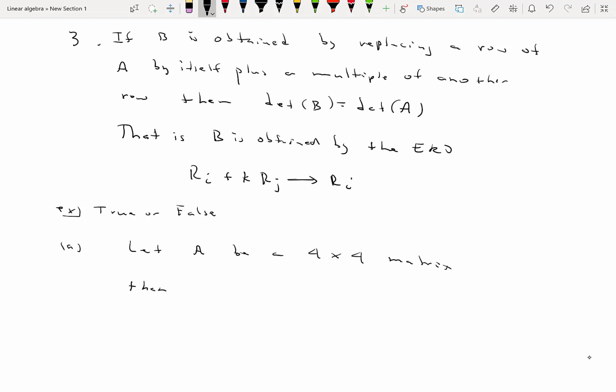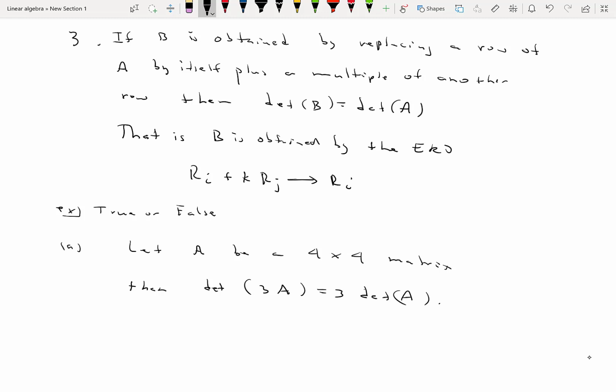Then the determinant of 3A, 3 times the matrix, is equal to 3 times the determinant of A. And let me preface by saying that I found that most students get this wrong in the first try.